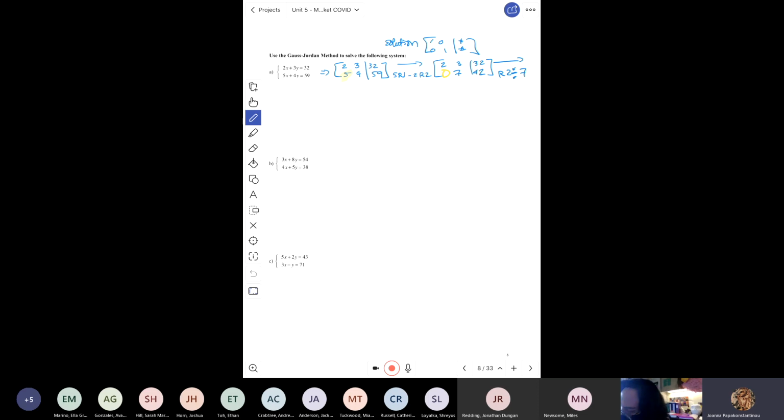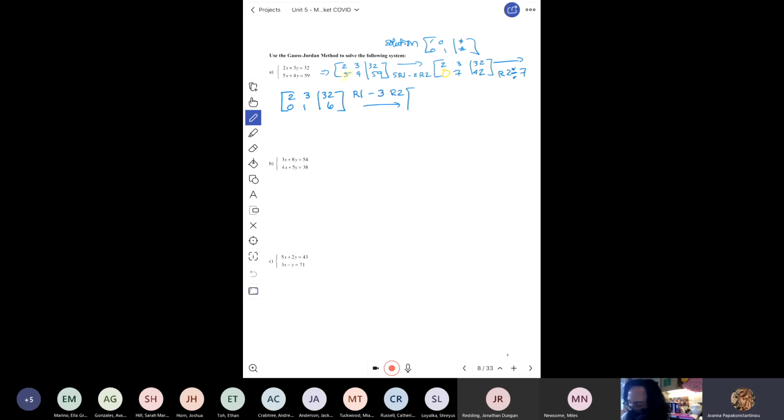Why not? Okay, so let me write my new augmented matrix. First row didn't change. Second row is now what? Beautiful. Now, I'm not really there yet. What could I do next? Okay, so you're saying row 1 minus 3 times row 2.